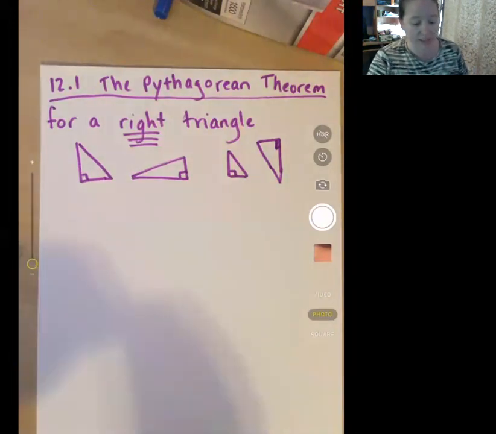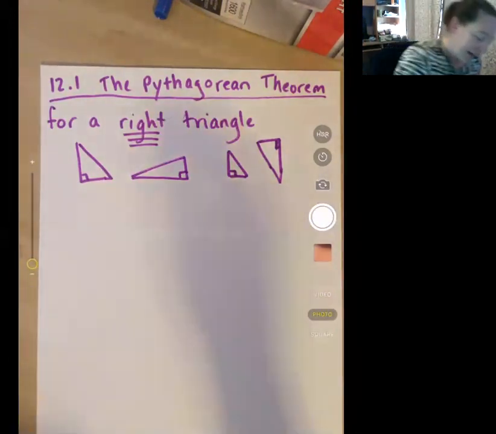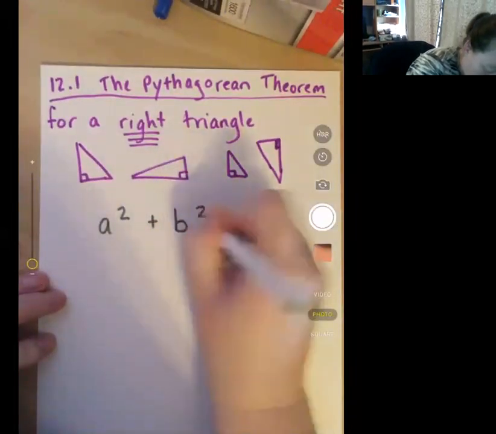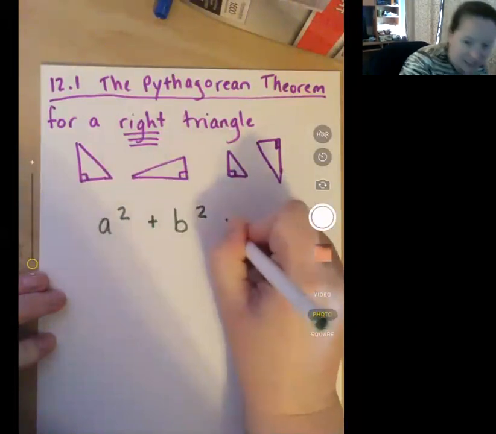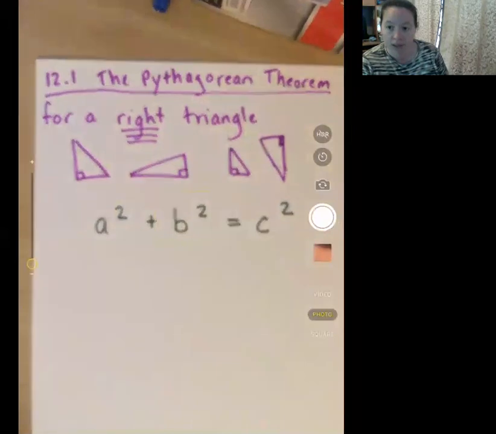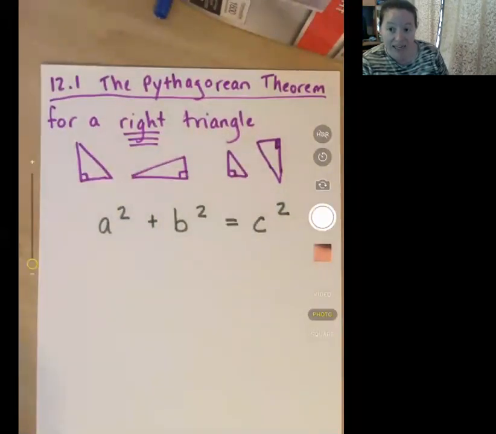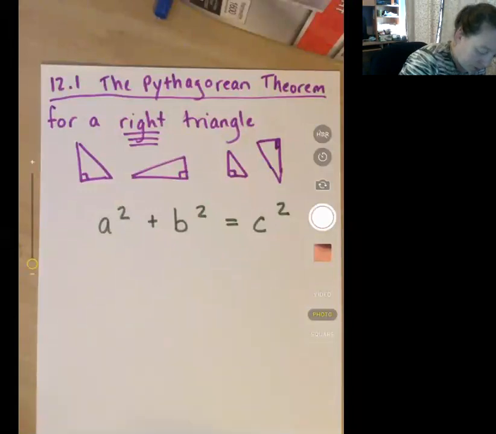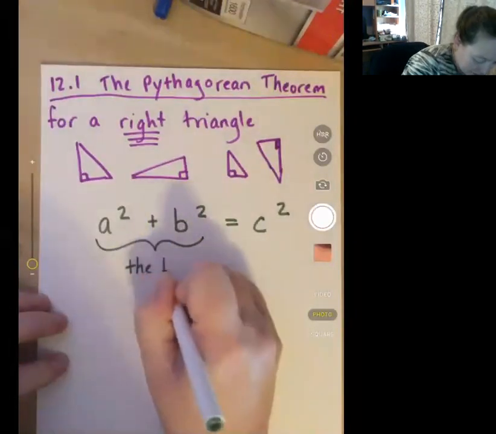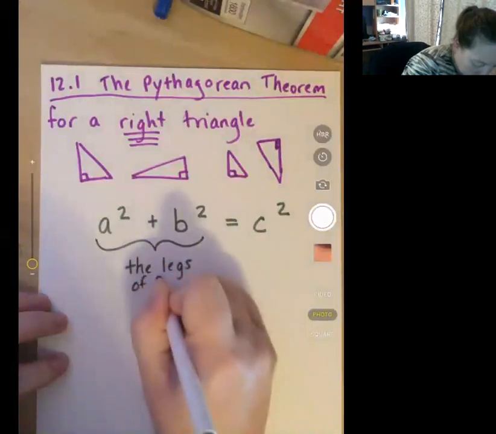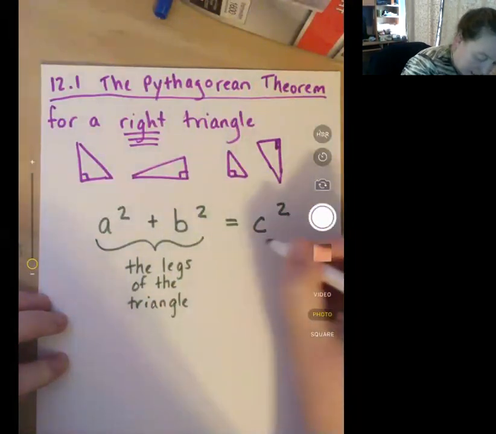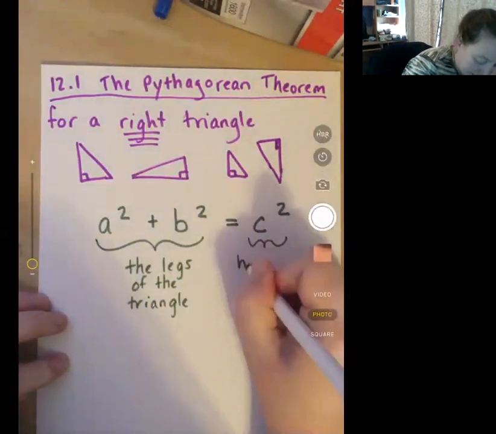This is what the Pythagorean theorem states. A squared plus b squared equals c squared. That is the Pythagorean theorem. A squared plus b squared equals c squared, where a and b are the legs of the triangle, and c is the hypotenuse.